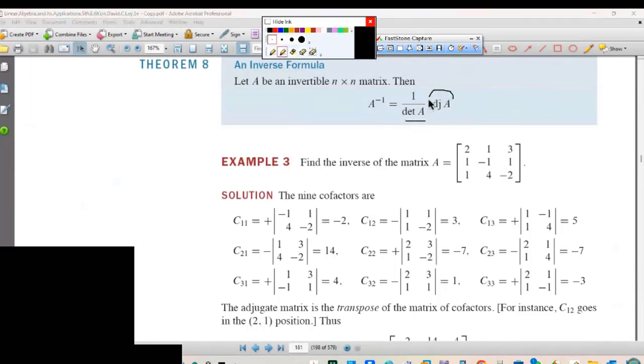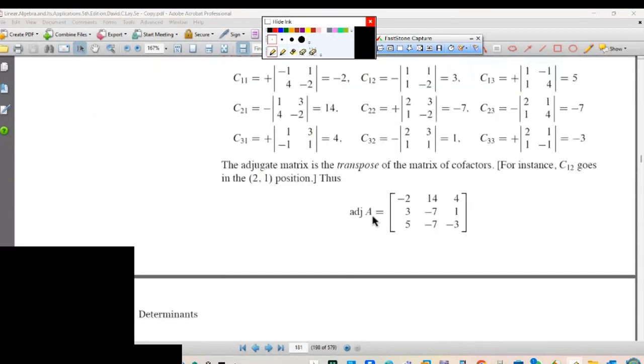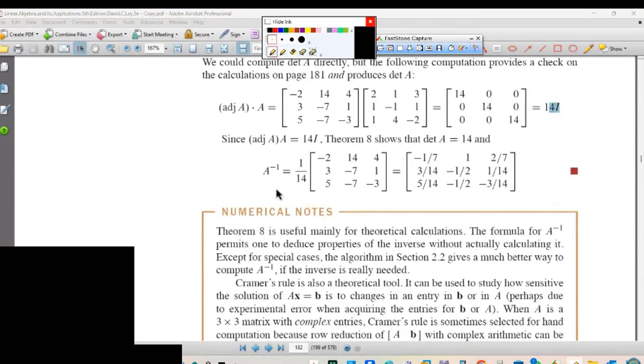Then the adjugate, or adjoint, that means it is C transpose, the transpose of the cofactor matrix. Again, don't forget this is a matrix, but based on the determinant. You can keep this outside or enter it inside. Any question for this?